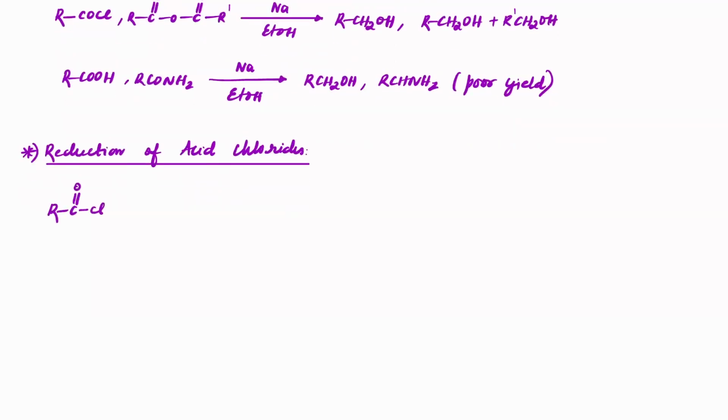If I take an acid chloride and react with H2 in the presence of palladium on barium sulfate or calcium carbonate, then it will convert into an aldehyde, and further there is no more reduction. H2 and palladium on barium sulfate does not make any further reduction.